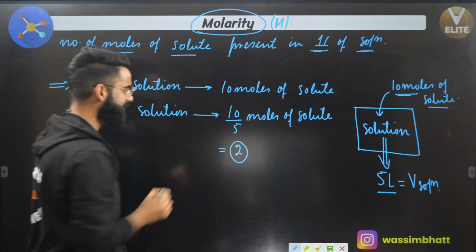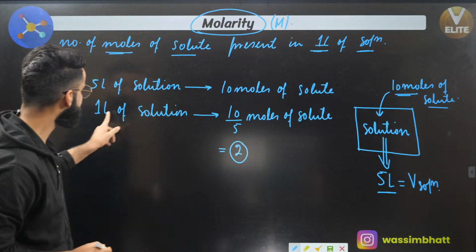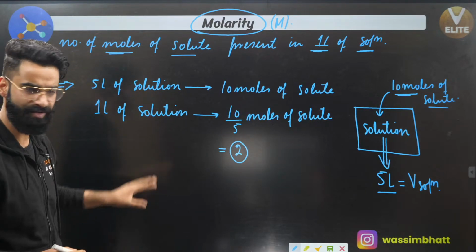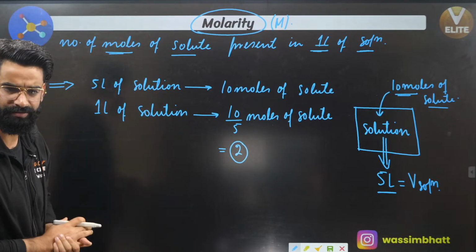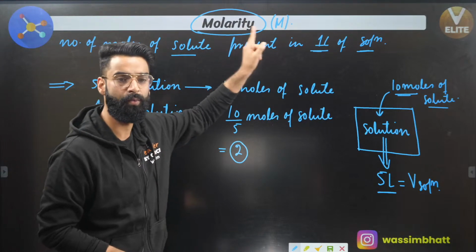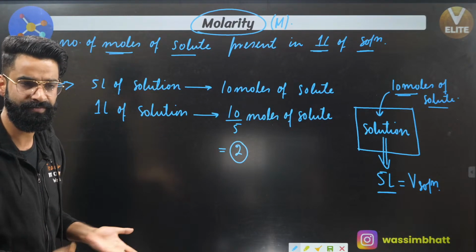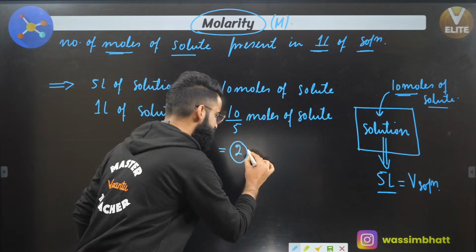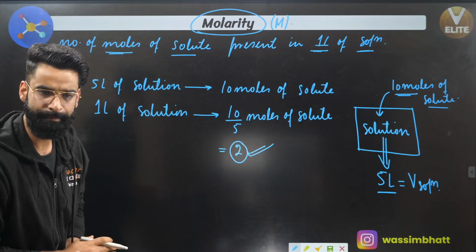So I got to know 2 moles of solute are present in 1 liter of solution. And the number of moles of solute present in 1 liter of solution is what we call molarity. So this 2 is the value of molarity of the solution.